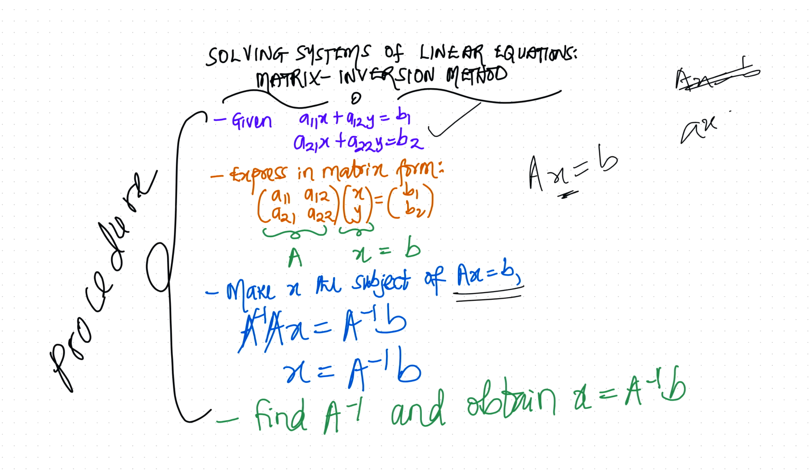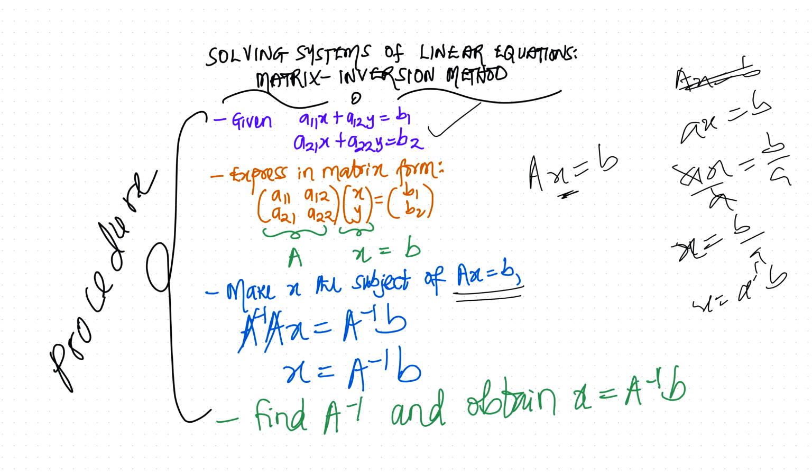So you just divide through by A. So you have AX over A equals B over A. This cancels out, and then X is equal to B over A, or what you can call A inverse multiplied by B. You can have that for normal numbers.